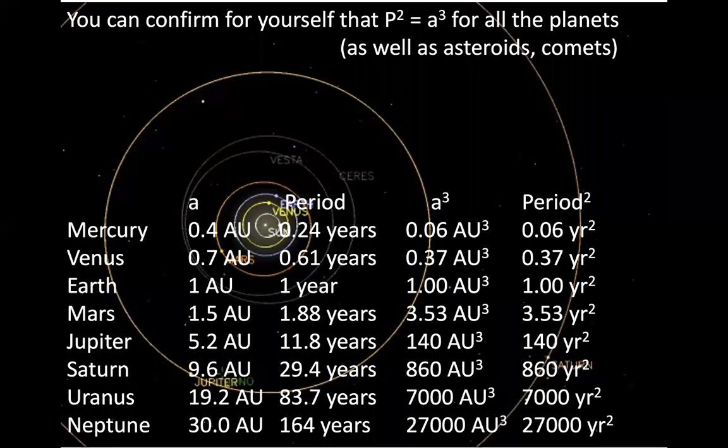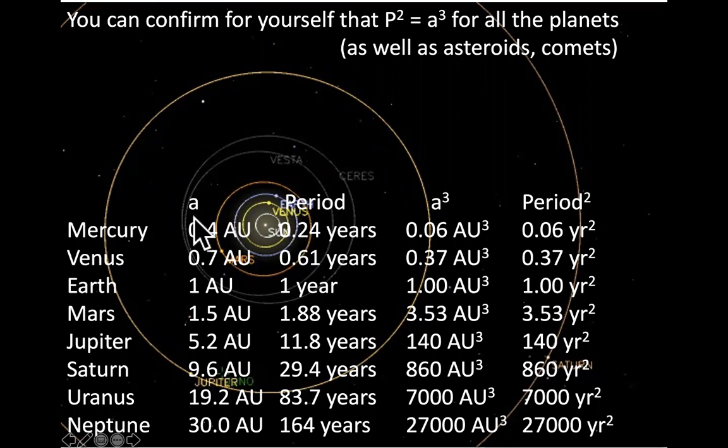Now, again, this is something you can check yourself. You can go on to places like Wikipedia, find the semi-major axes of the planets in AU, here they all are, and find their orbit periods, how long they take to go around. And they range from a quarter of a year for Mercury to over 100 years for Neptune.